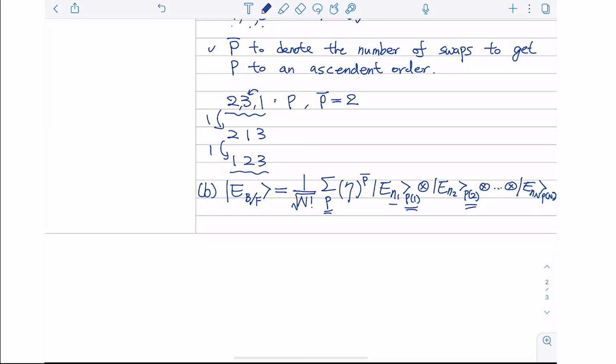And N1, N2 are the corresponding single particle quantum numbers for the eigenenergy. And in this expression, eta is chosen to be +1 for bosons, and eta equal to -1 for fermions.